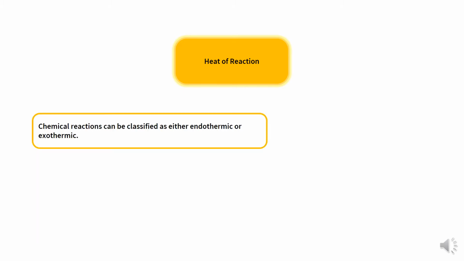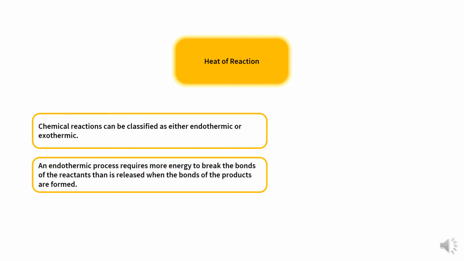Chemical reactions can be classified as either endothermic or exothermic. An endothermic process requires more energy to break the bonds of the reactants than is released when the bonds of the product are formed.